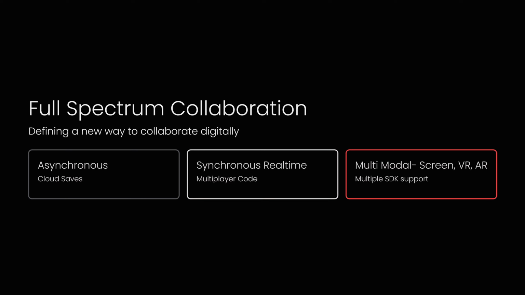You can have this synchronous collaboration a little bit like Miro, for example, where you see where other people are pointing, but it's not really multiplayer as we know it in the gaming industry. So again, game engine, you have this full spectrum collaboration, asynchronous, synchronous real-time, so the multiplayer, and then multimodal, and that's what this presentation is about.